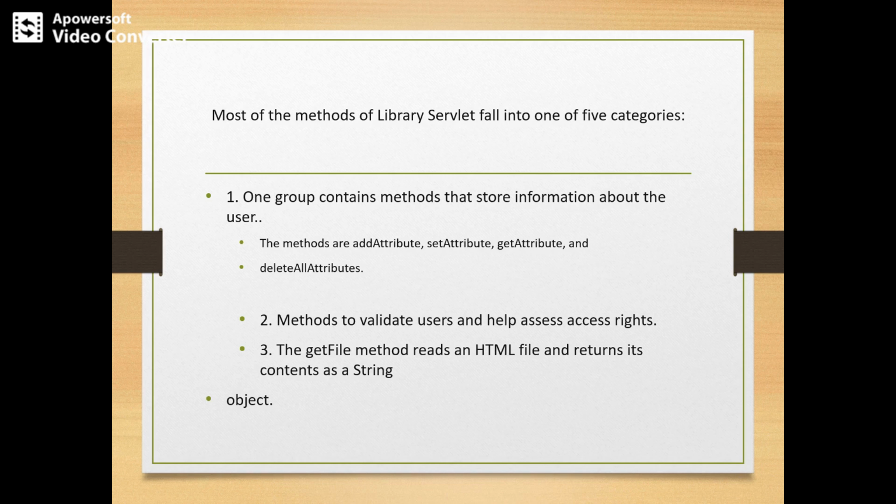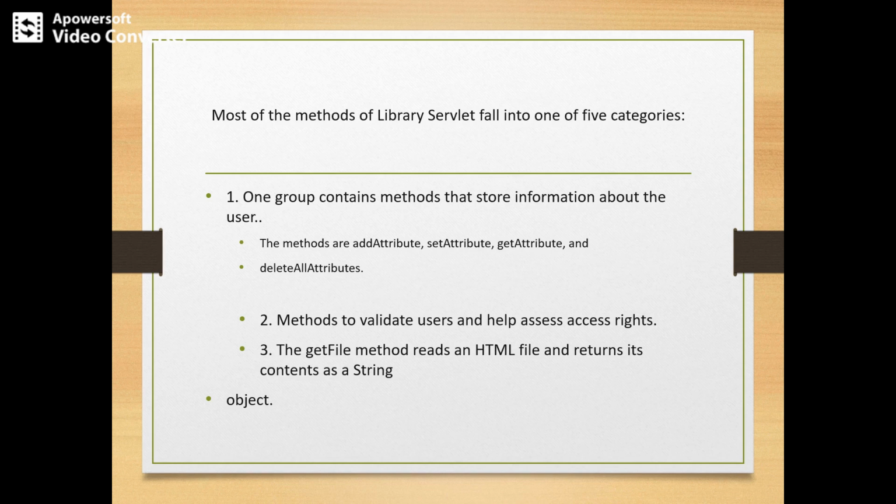So what will happen here, most of the methods of LibraryServlet fall into five categories. We need to study in detail how most of the servlet methods fall into one of the five categories. One group contains methods that store information about the user. So what is the user?